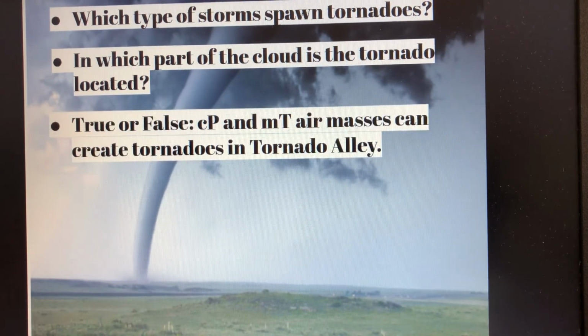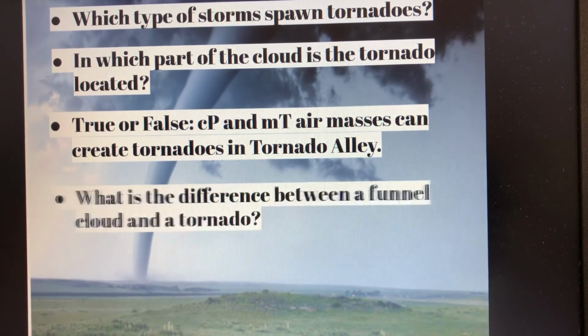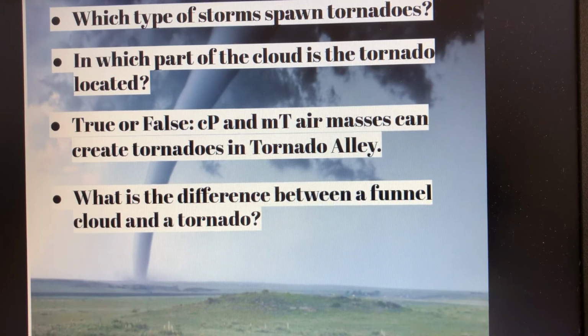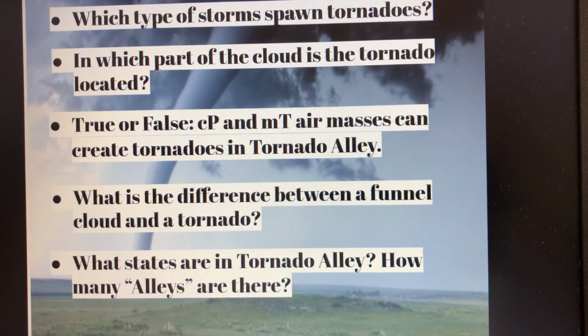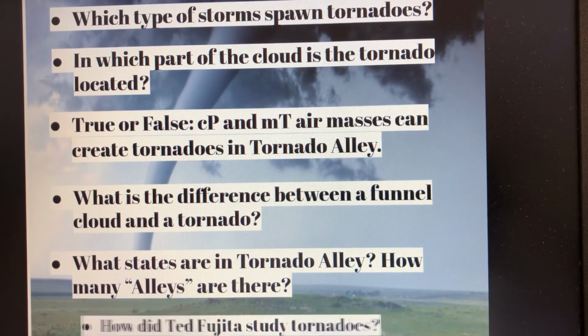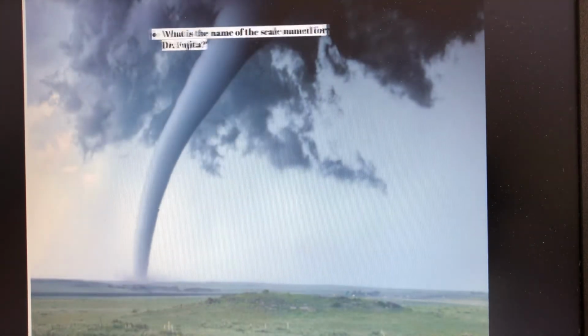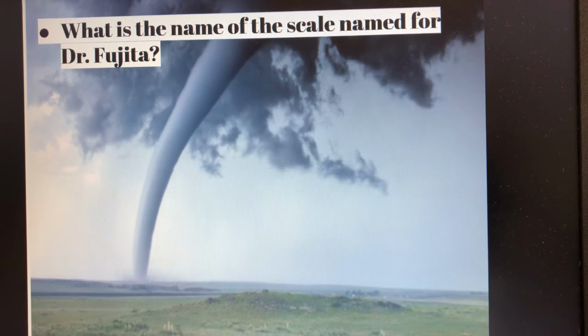True or false, continental, polar, and maritime tropical air masses can create tornadoes in Tornado Alley. What's the difference between a funnel cloud and a tornado? What states are in Tornado Alley and how many alleys are there? How did Ted Fujita study tornadoes? What's the name of the scale named for Dr. Fujita?